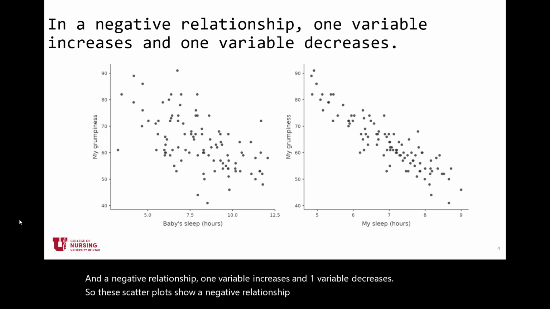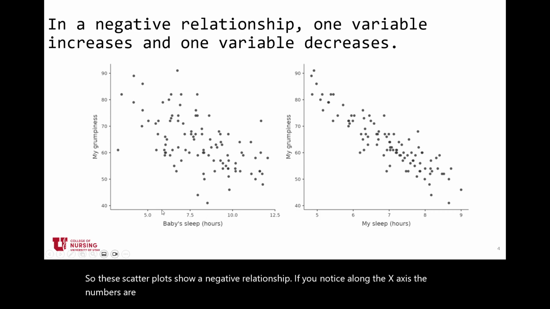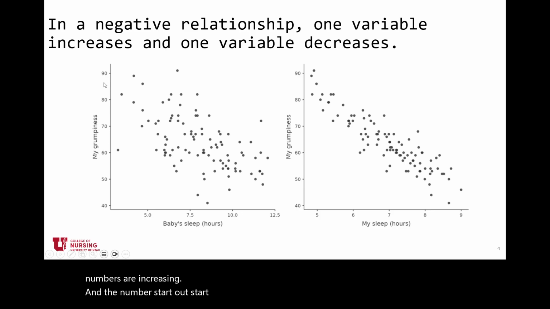If you notice along the x-axis, the numbers are increasing, and the numbers start out high along the y-axis and fall. And so you get this falling kind of a line.